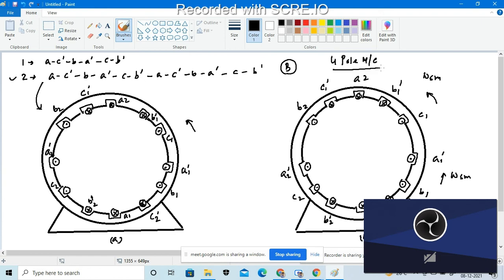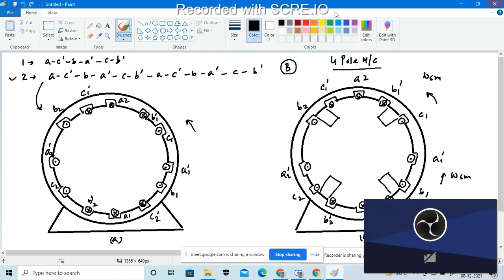So in case of a four pole AC machine, suppose we are considering over here one south pole, over here one north pole, over here another north pole, and over here another south pole.